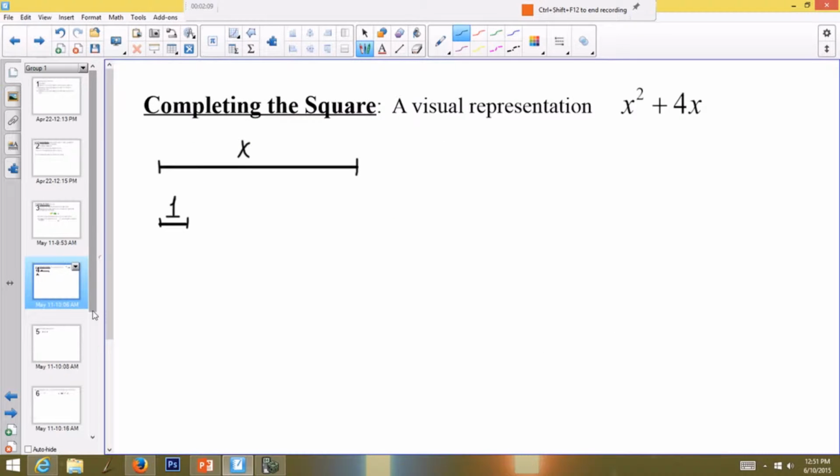So, a little review of a visual representation. I'm sure you've seen me do this before, but let's say I have x squared plus 4x, and I want to complete the square. Well, what does that mean?